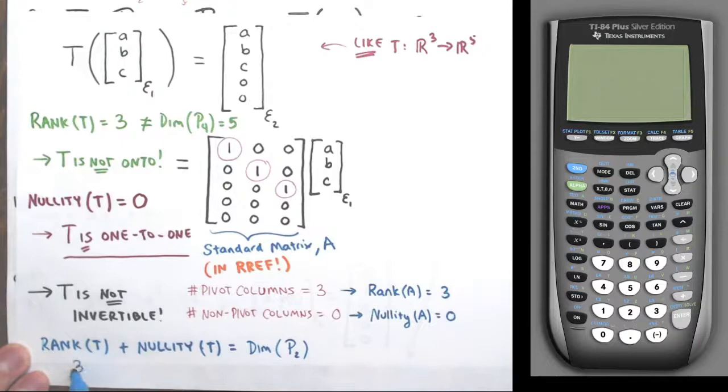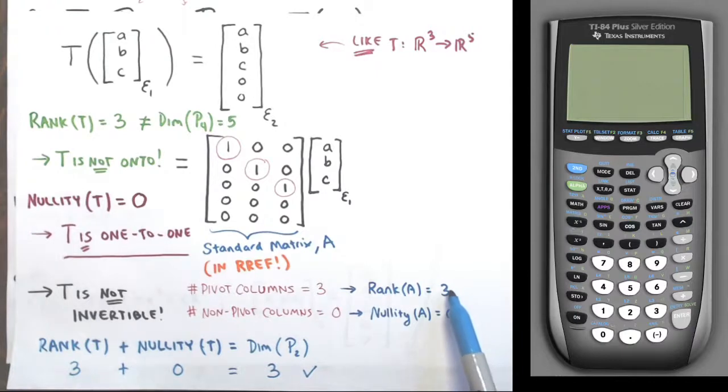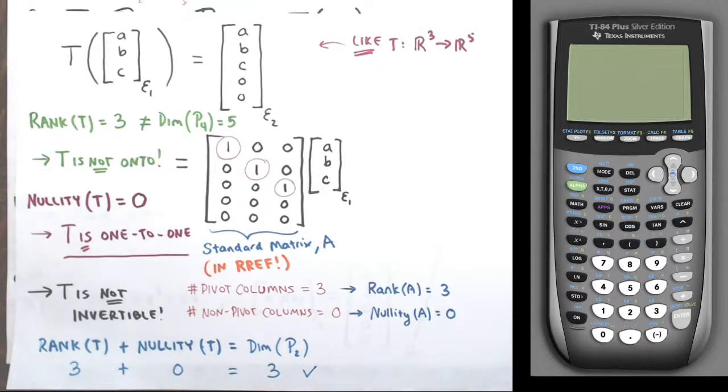And this is 3 plus 0 equals, and we saw earlier the dimension of P2 is 3. 3 plus 0 equals 3. Checks out. Same thing for the standard matrix. The rank plus the nullity of the standard matrix should equal the number of columns. And we're seeing that here. 3 plus 0 is 3, and there are 3 columns in the standard matrix for this particular transformation.